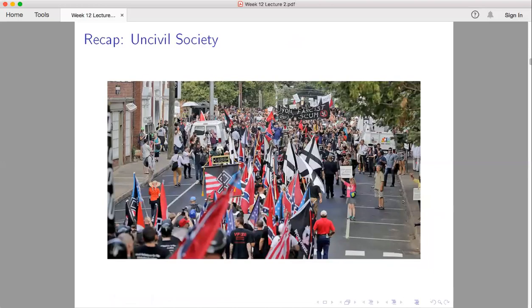But at the end of the class, I posed a question to you, which is: how does this relationship change, or how might it be altered, when civil society groups don't hold liberal values?